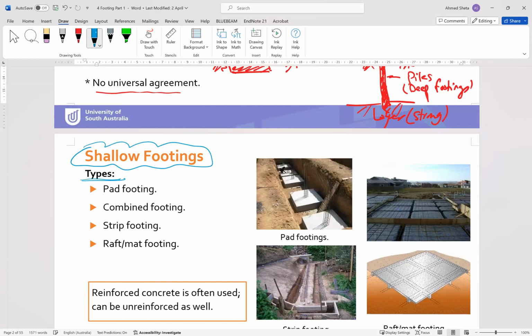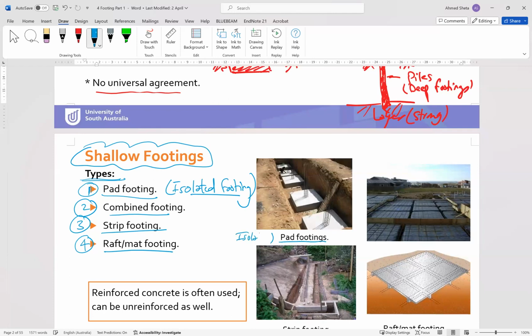Types of shallow foundation are bed footing, or in some books or standards called isolated footing. We have combined footing, which is like combining two or more isolated footings, strip footing, and raft or mat footing. Okay, this is an example of bed footing or isolated footing.